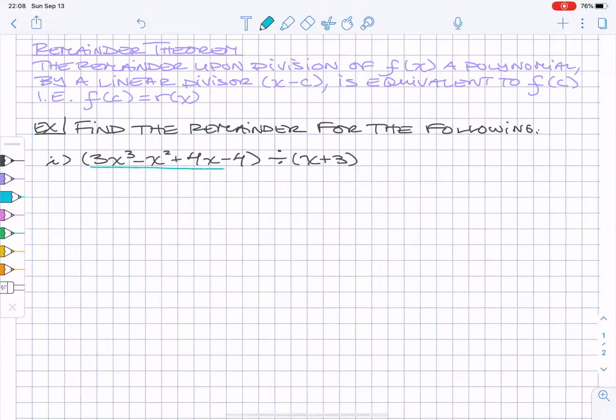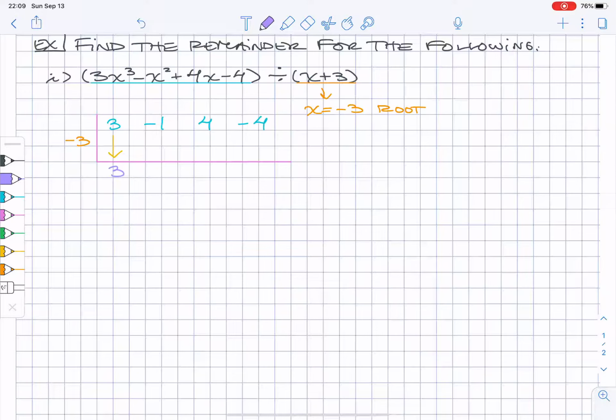So we'll drop down the 3 and start our process. 3 times negative 3 is negative 9. We're going to add this column together, which gives us negative 10. Start again. Negative 3 times negative 10 is negative 30.